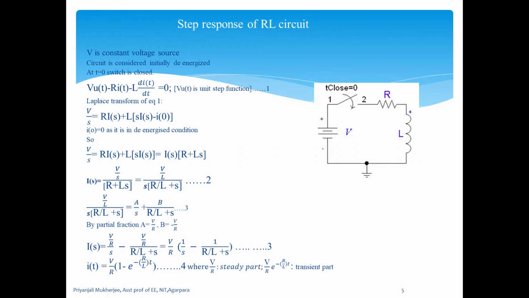So, first consider a step response of an RL series circuit. Now, the current through a linear inductor must be continuous, because L di/dt is equal to the voltage across the inductor, and it is not proportional to the current flowing through it, but the rate of change of the current with respect to time.